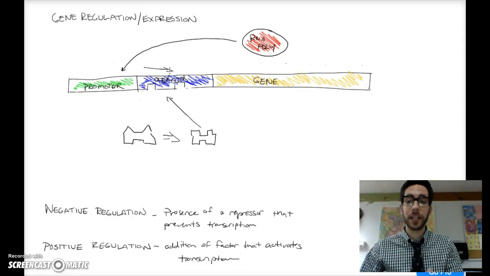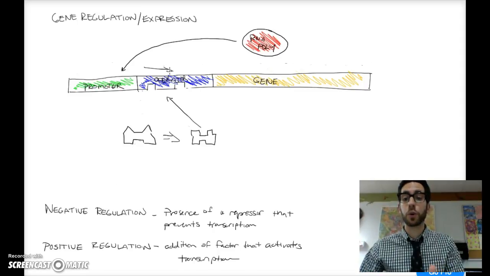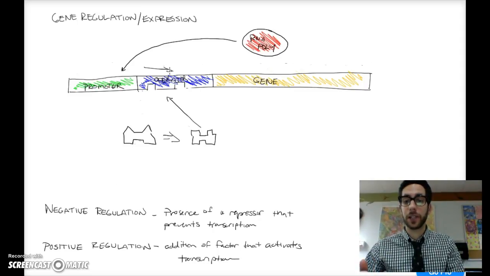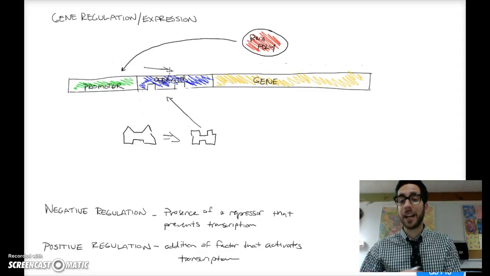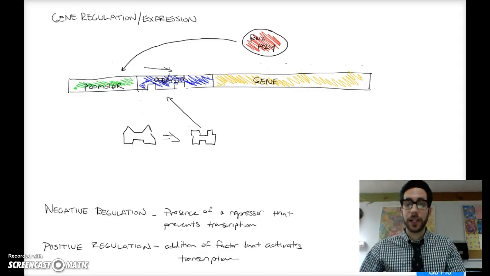So if it is being repressed, that means there is negative regulation, or the presence of something that is preventing it from happening or negatively affecting it. Whereas with positive regulation, it is activated by the addition of a regulatory protein, or it is positively regulated because something is being added or positively affecting it.